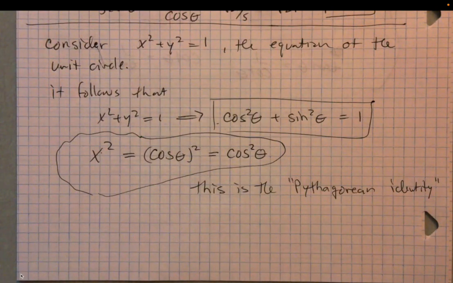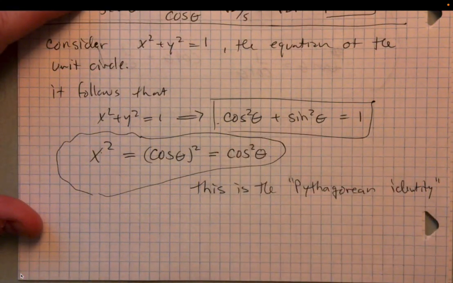Obviously, this is derived from the Pythagorean theorem, which says a squared plus b squared equals c squared. And we'll see later when we get into right triangle trigonometry how this can all be derived from right triangles. But this is the Pythagorean identity for cos and sine.